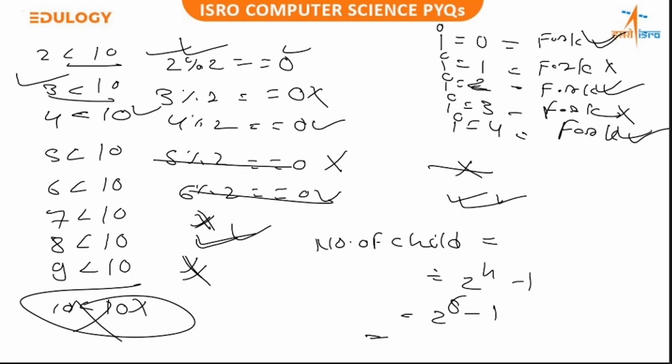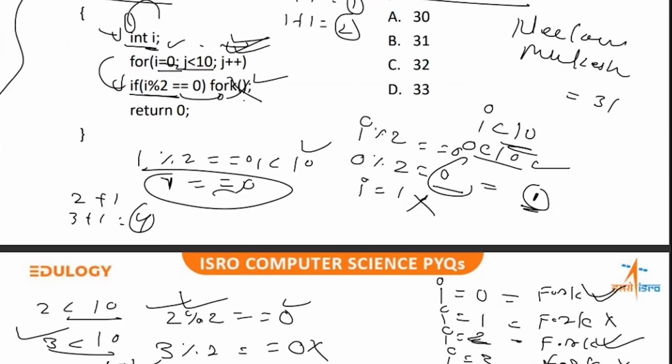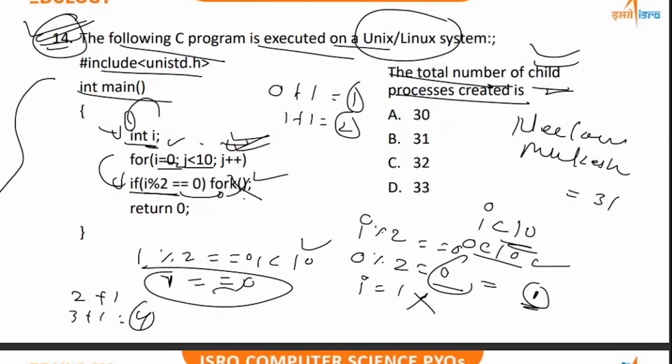Expanding, 2 into 2 into 2 into 2 into 2: 4, 8, 16, 32. 32 minus 1 is 31. So your correct answer is 31. The total number of child processes created is 31.